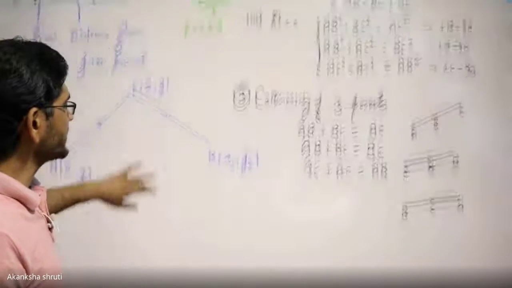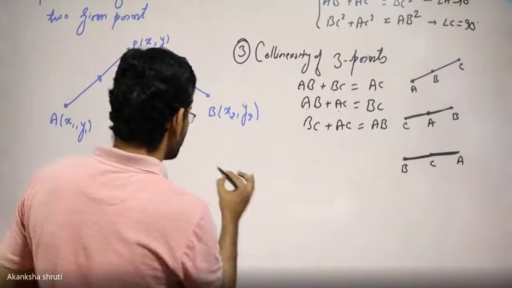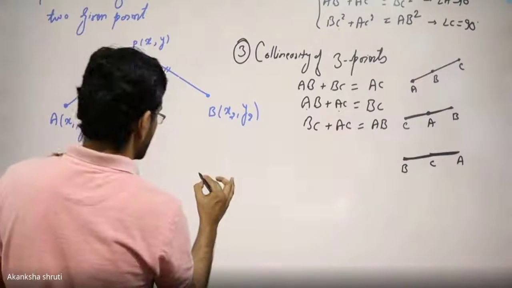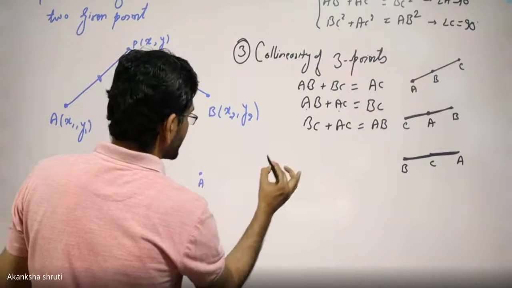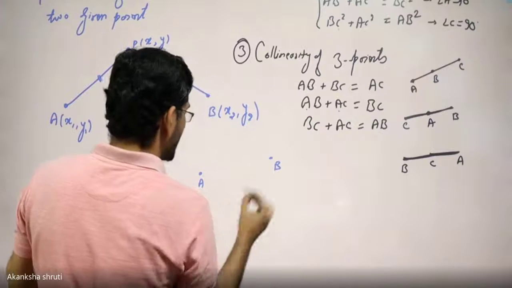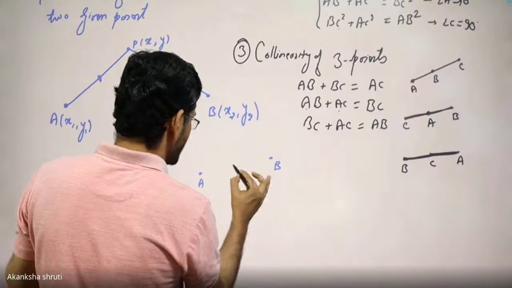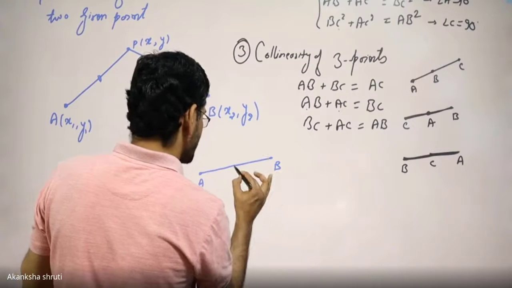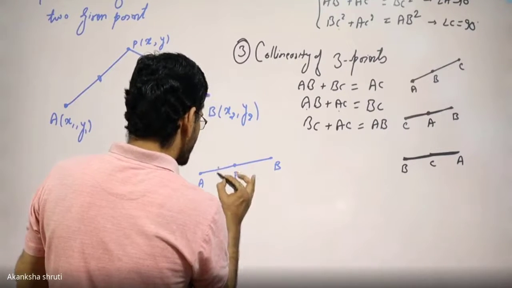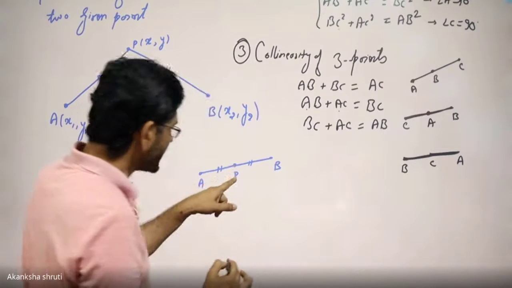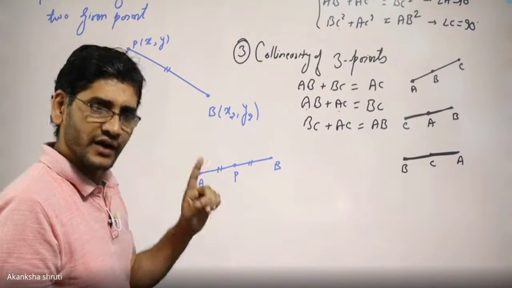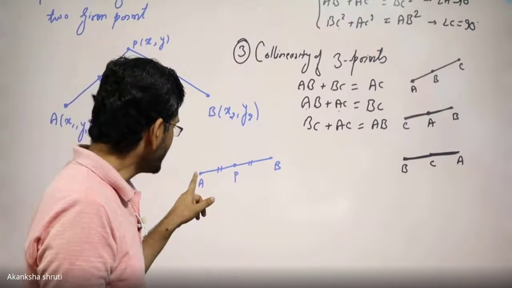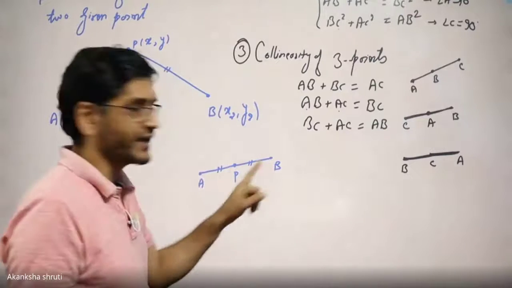Many a time students are always under the perception that if we are given the points A and B, then an equidistant point means the point in between these two, the point P such that this is equal to this. Yes, this point P is also an equidistant point, undoubtedly, but it is not mandatory that this point P will be on the line joining AB.